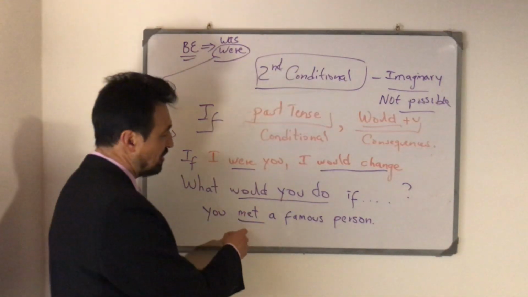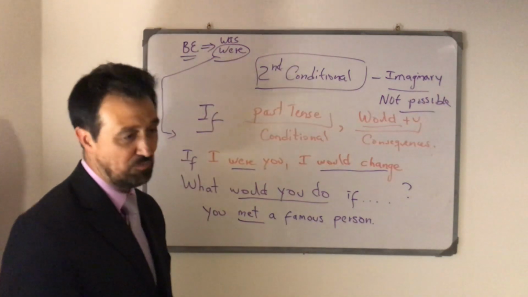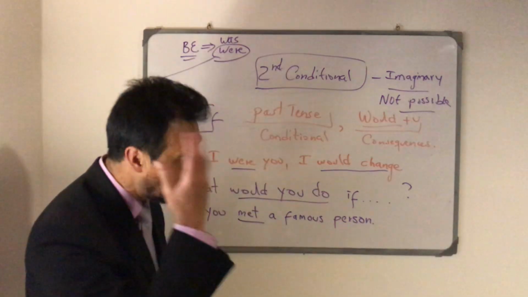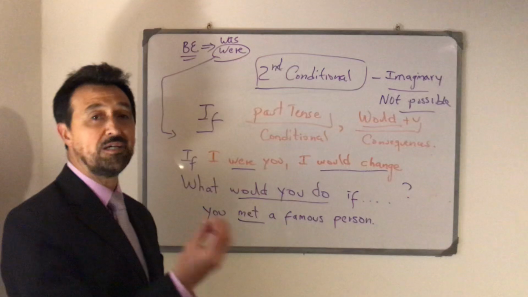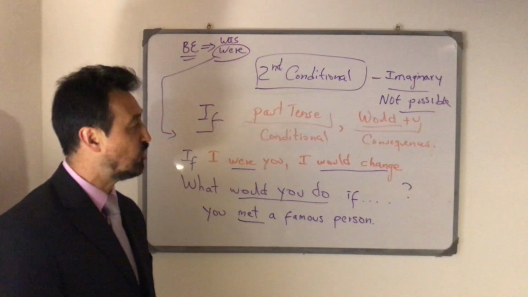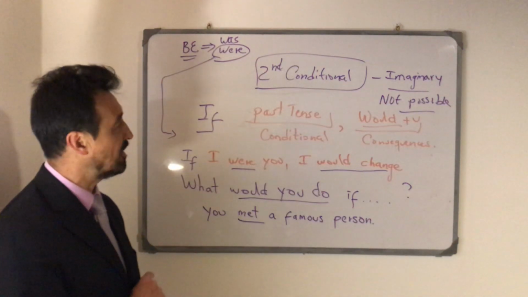But the condition was, if you met, but you have not met them at the moment. Will you not meet them tomorrow? It is a probability, it's imaginary, happening in your brain, but it's complicated to happen at the same time that you want. So this is the idea of the second conditional.